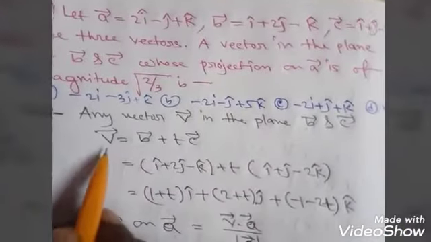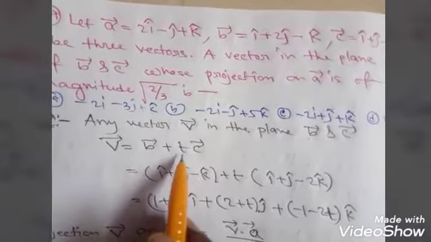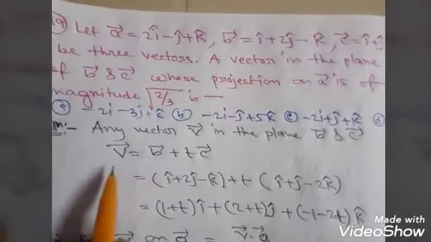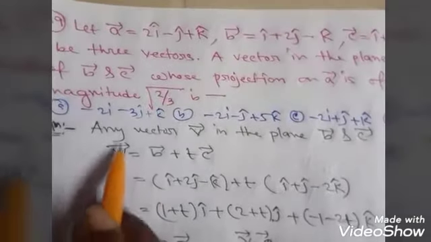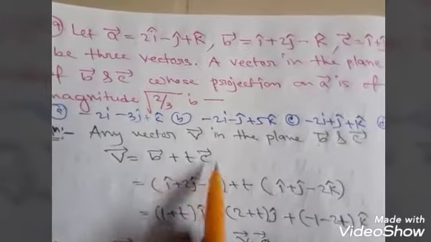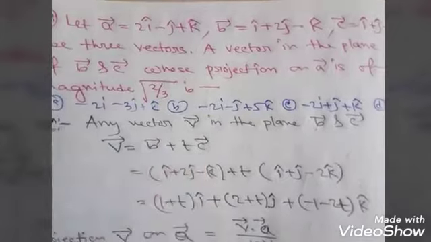V vector equals B vector plus scalar T times C vector. So we will represent this vector V in terms of B and C vector this way: V vector equals B vector plus T into C vector.